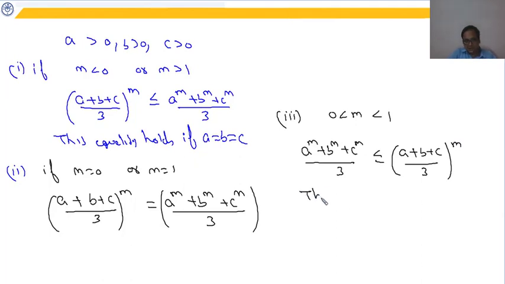And this equality holds if a is equal to b is equal to c. Please remember these basic results. We had 3 cases and we can apply them to 3 or more positive quantities also. I had shown you on 2 positive or 3 positive quantities. Clear?